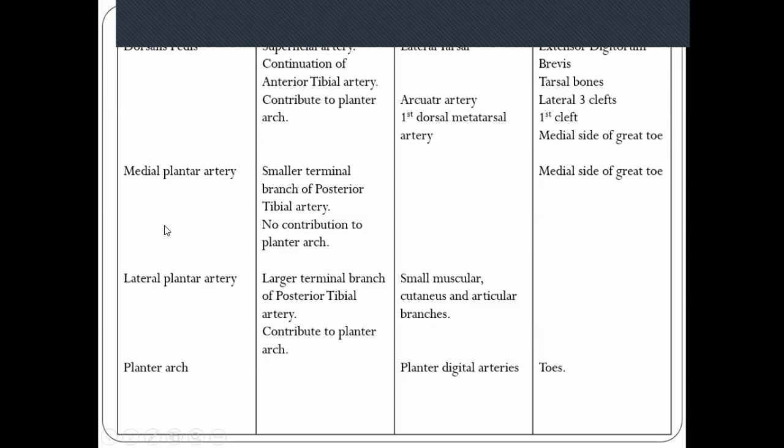The sole of the foot is supplied by the medial plantar artery and the lateral plantar artery. The medial plantar artery is the smaller terminal branch of the posterior tibial artery. This artery doesn't give any contribution to the plantar arch. It arrives beneath the flexor retinaculum.